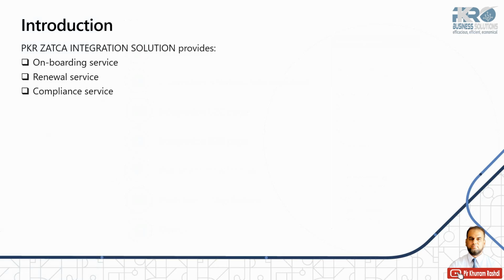Then there are compliance services. Basically the FATOORA portal or ZATCA portal needs to check your solution before you onboard, to see whether it conforms with their requirements. So it can have checks like, for B2C or B2B, how to post the debit note, how to post the credit note, and how to post the regular invoices, whether it is a simplified invoice in the case of B2C or a standard invoice in the case of B2B.